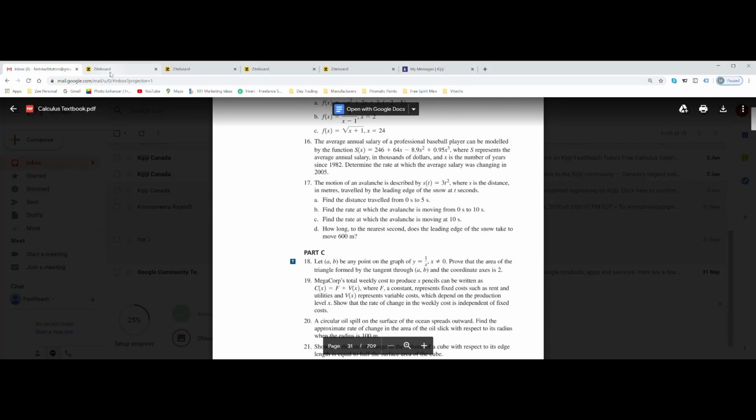We have to find the difference between 2005 minus 1982, which is 23. So the x point is going to be 23. And if you put 23 into this equation, what do you get?